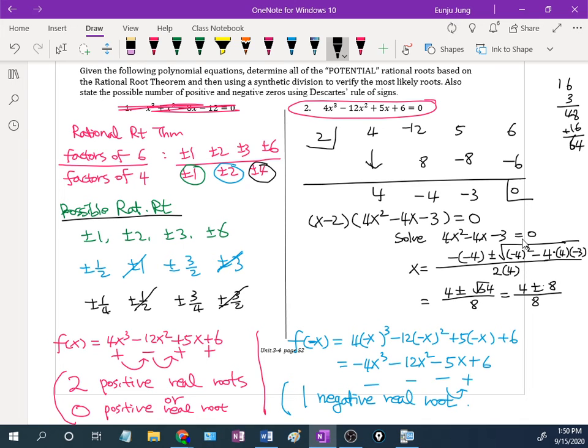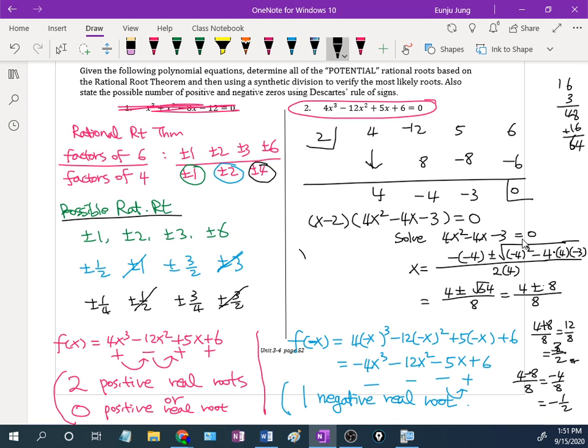Let's think about two different cases. One with the plus case: 4 plus 8, 12 divided by 8. 4 times 3, 4 times 2, right? 3 halves. Or the other case, 4 minus 8 divided by 8, so negative 4 divided by 8, which is negative 1/2, right?